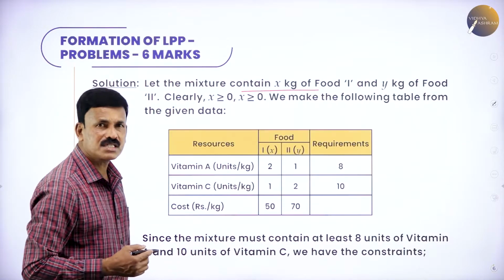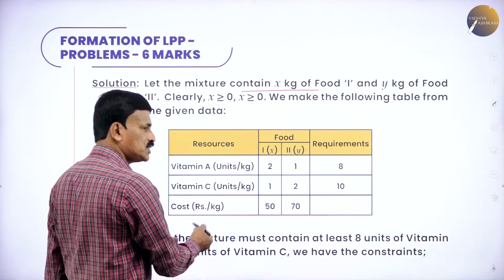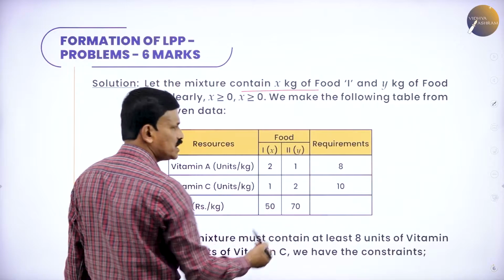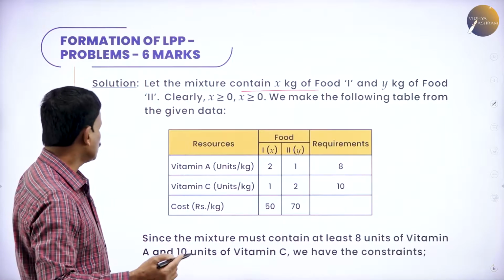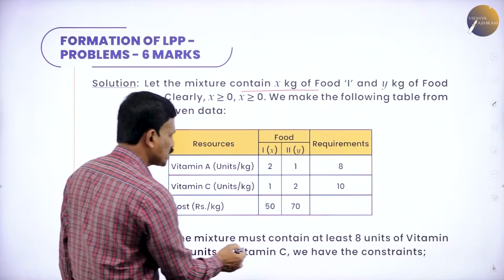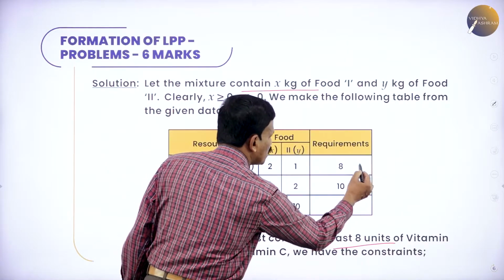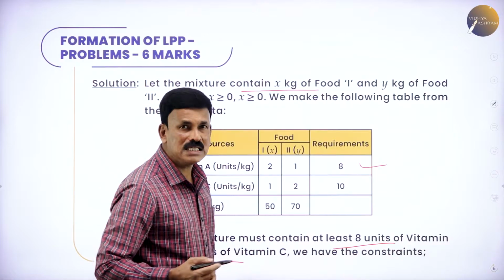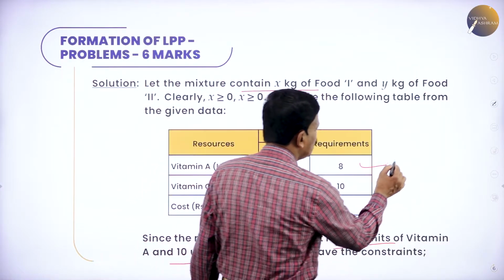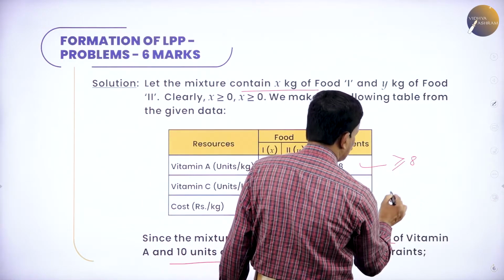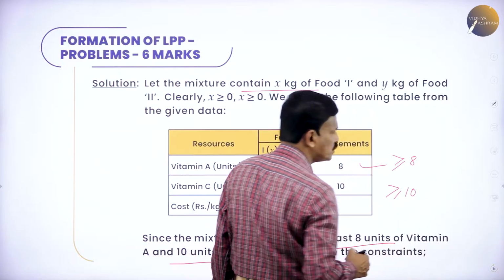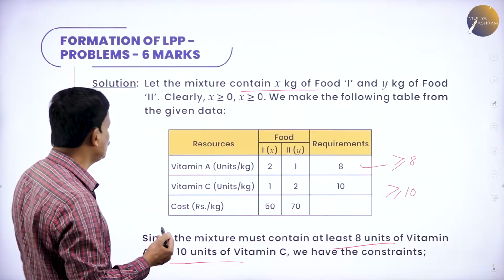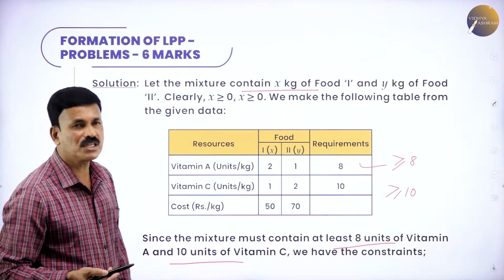The cost is rupees 50 per kg for food 1 and rupees 70 for food 2. Since the mixture must contain at least 8 units of vitamin A and 10 units of vitamin C, the constraints are greater than or equal to 8 and greater than or equal to 10, the minimum requirement.